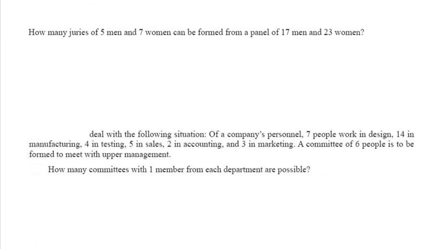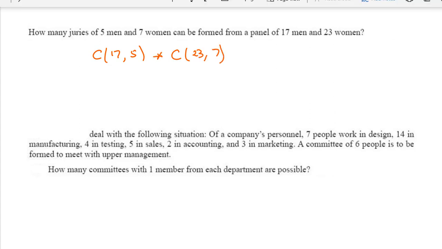Another example: how many juries of 5 men and 7 women can be formed from a panel of 17 men and 23 women? That's very simple. We need to pick 5 out of 17, and then pick 7 out of 23. We multiply them, and that's the answer. We leave it the way it is because it's a big number.